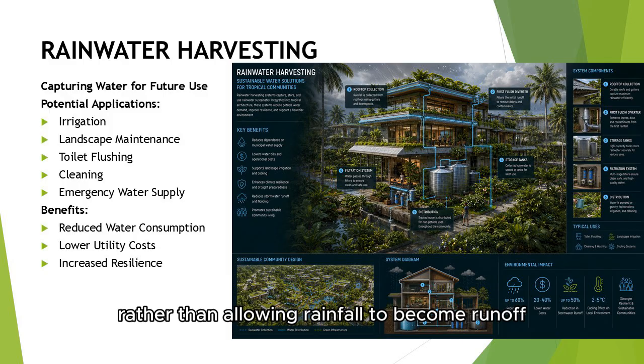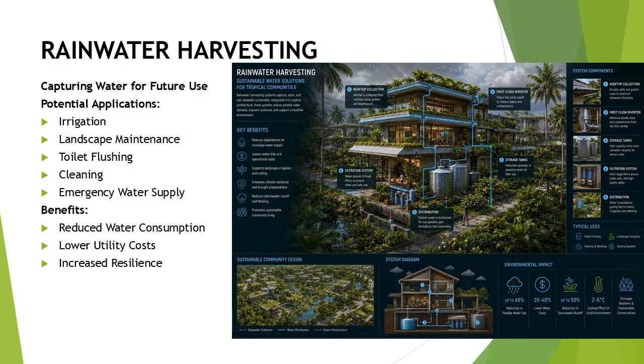Rather than allowing rainfall to become runoff, architects can capture water from roofs and other collection surfaces. The collected water can then be used for landscape irrigation, toilet flushing, building maintenance, emergency reserves, and other non-potable uses.